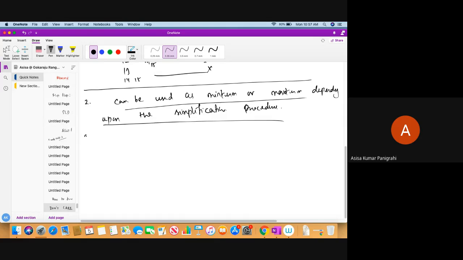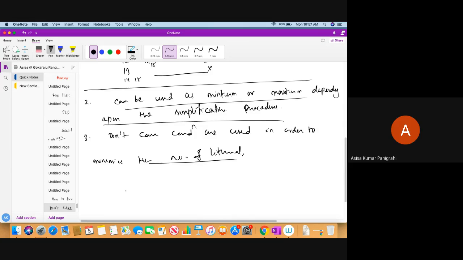Then the third point of the don't care. Don't care conditions are used in order to minimize the number of literals. So you have to see if you are using the don't care and it's minimizing my literals, then you can use it.